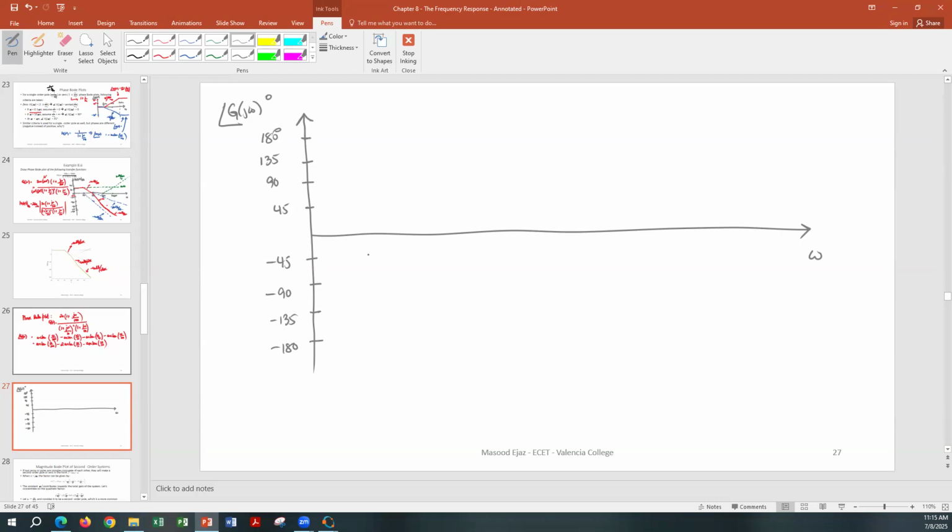And since we are dealing with decades of frequencies, let's start at 1, 10, 100, 1000, 10,000.